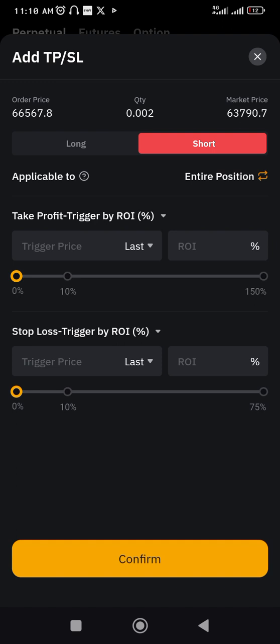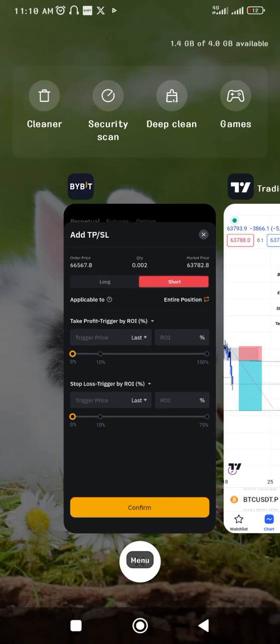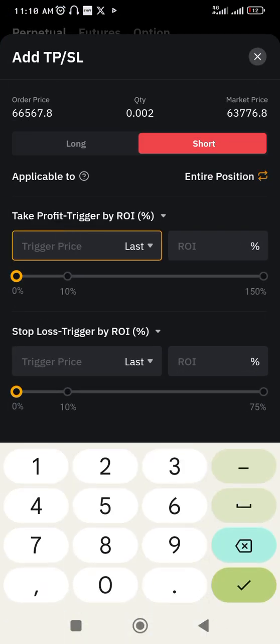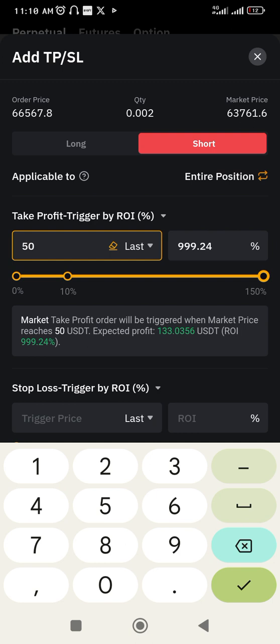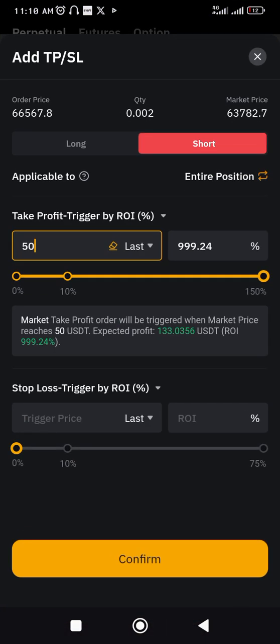Then you see where it says target profits. This is where you put your take profit price. In our signal here, our take profit is 60,578.4. You input that at the take profit section here: 60,578.4.